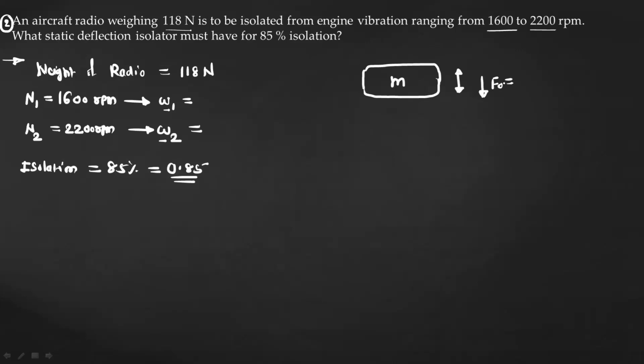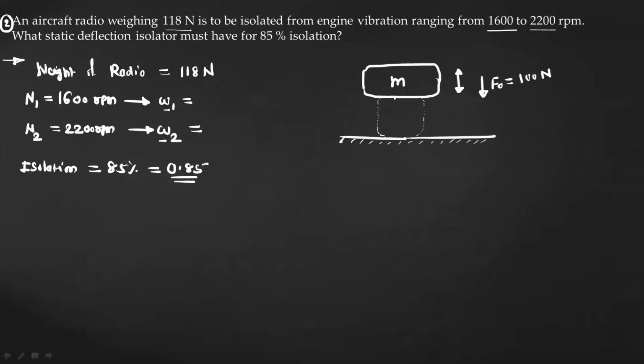Let us take this force created by this machine as 100 Newton. We want to mount this machine, that is a compressor or a pump, on the foundation. But for that we will use some isolator. Isolators are nothing but shock absorbers.